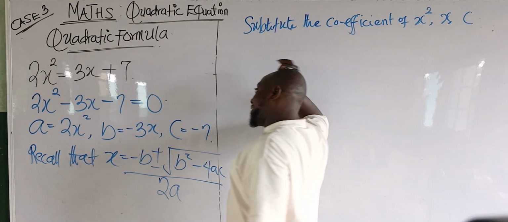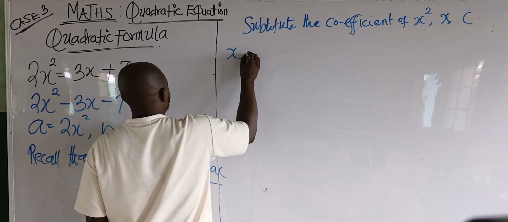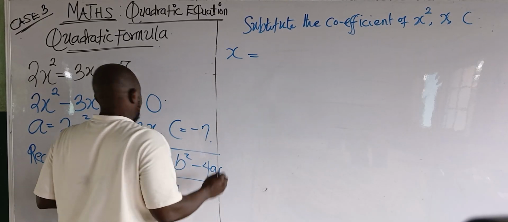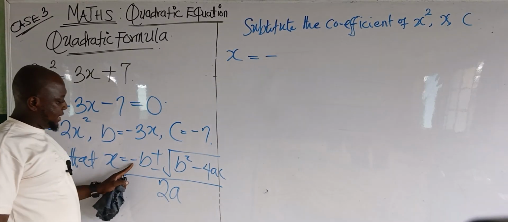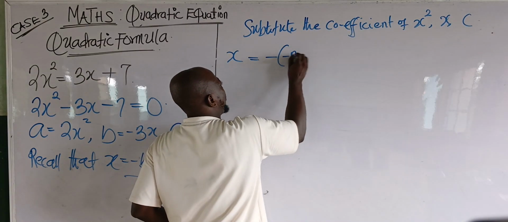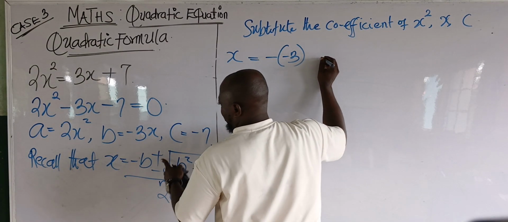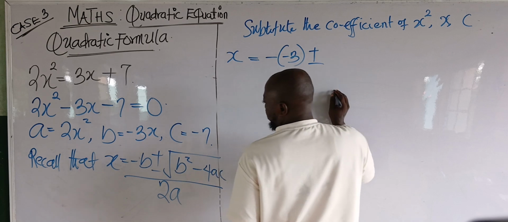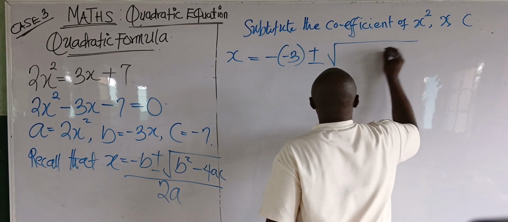So x here will now become: there is a minus here. Then b, what is my b? B is minus 3, so I will only take the 3. Next, we have plus or minus, then open a bracket, the square root.